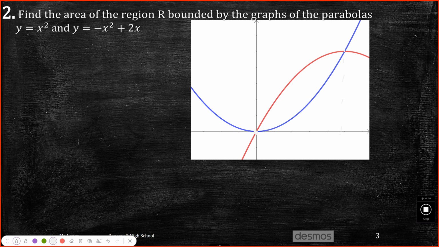So yes, let's integrate. So the area of the region R equals, from 0 to 1, and we said that the upper one is negative x squared plus 2x. And then we're going to subtract x squared, and then dx.